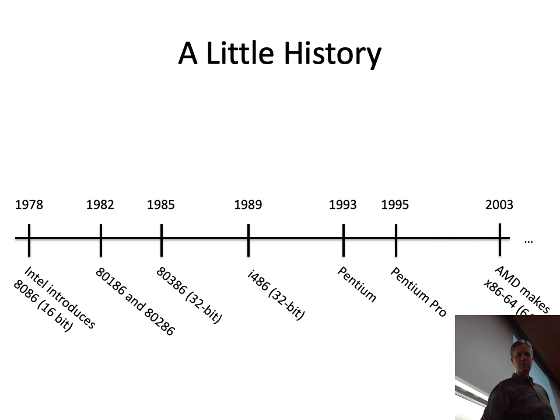They used segments to expand this, so you could have 4 different segments that let you get up to about 1 megabyte of total addressable physical memory. In 1982, there was the 8186, which probably no one's heard of because it wasn't used. But then there was the 8286 that took you up to 24 bits of memory. And then finally, in 1985, there was the first 32-bit Intel processor with flat virtual memory, with page tables, and all the things that we look at.